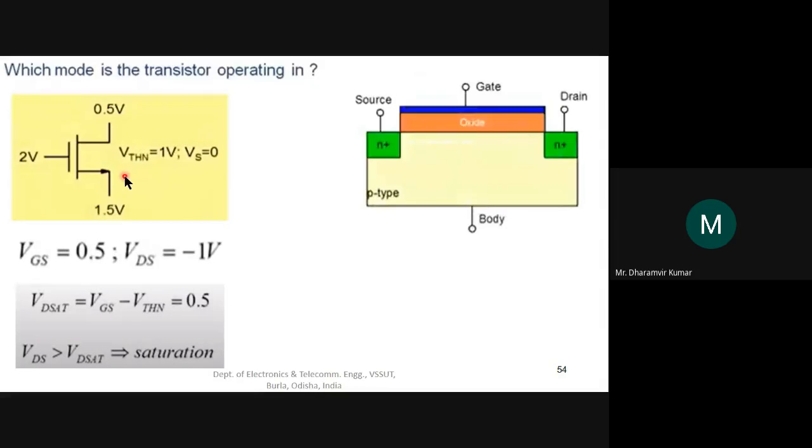So in this case, this terminal is at lower potential, so we can take this as the source. That VS is 0.5 volt. So this should be treated as source in this case, and this as drain. Now you calculate by assuming that this VS is equal to 0.5 volt.